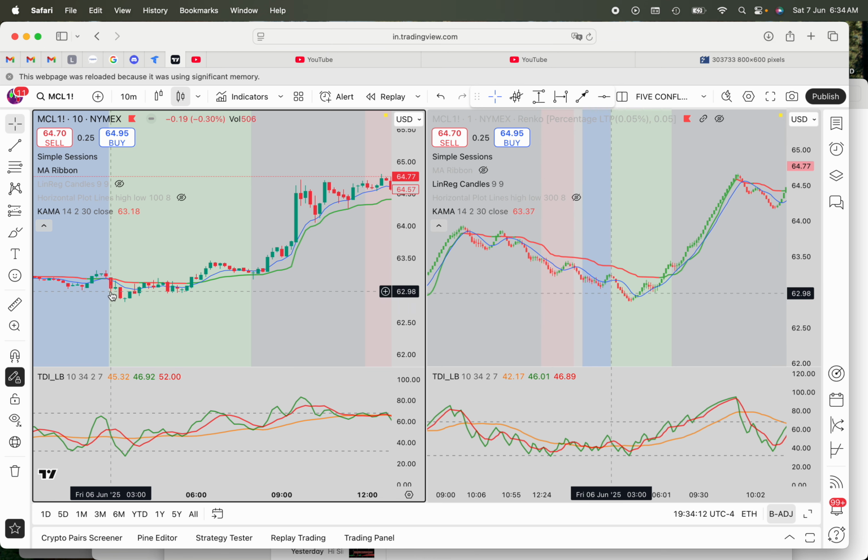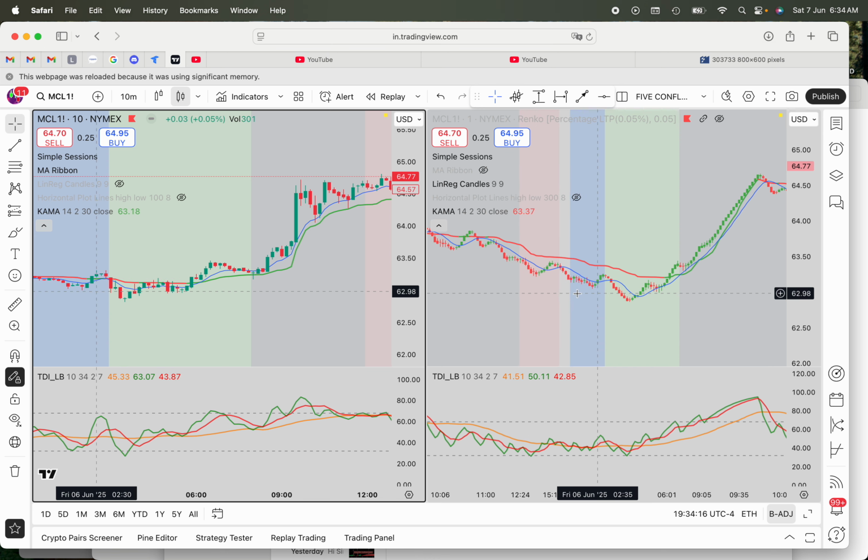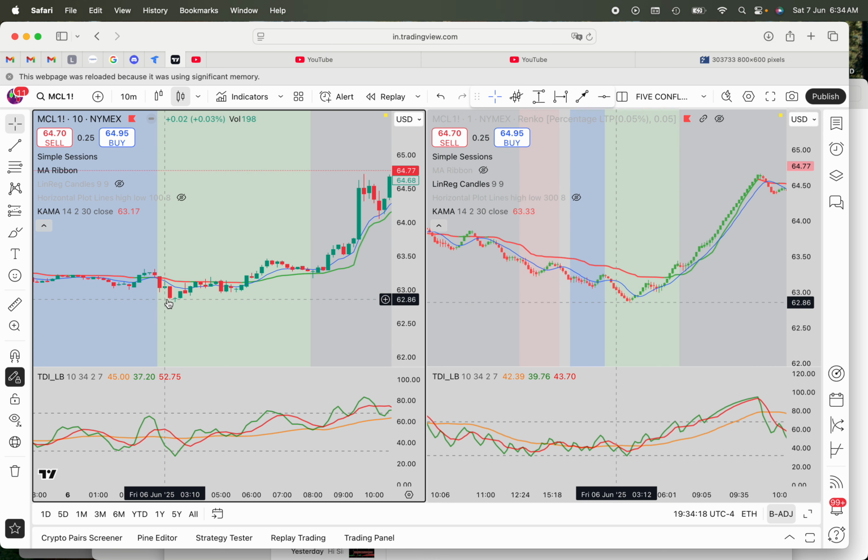we can have confirmation on the right-hand side by the LinReg Renko bars that perhaps an idea we have about going short right here might work, okay? Because you can see here at the start of the session, I actually took this on the LinReg candles. I made 30 cents.